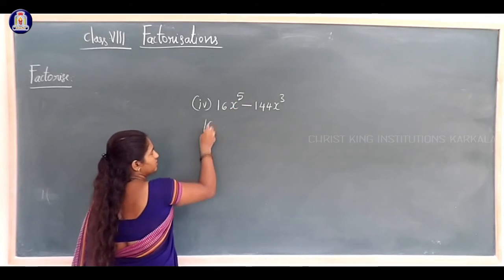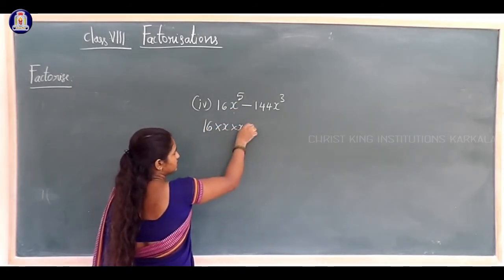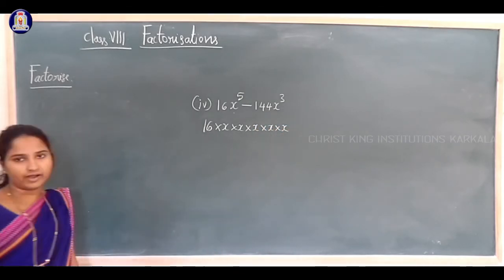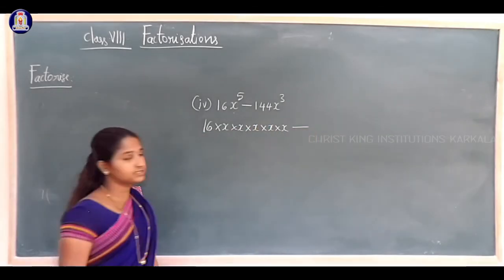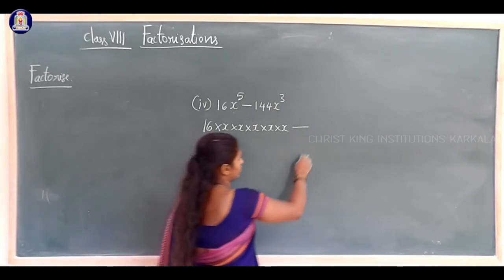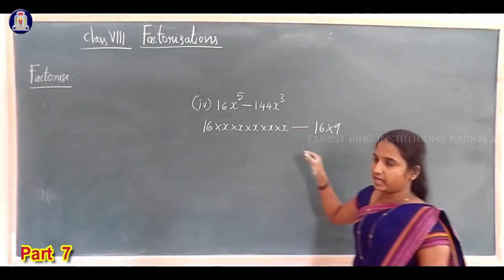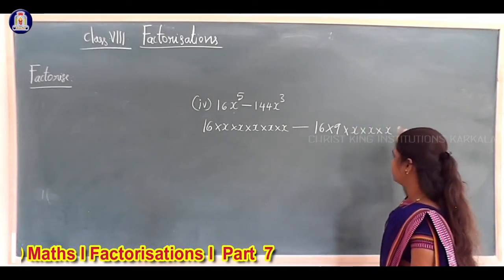16x power 5 can be written as 16 into x into x into x into x into x. How many times? 5 times. Minus 144 can be written as 16 into 9. 16 nines are 144. Is it correct? Yes. So now x power 3 can be written as x into x into x.